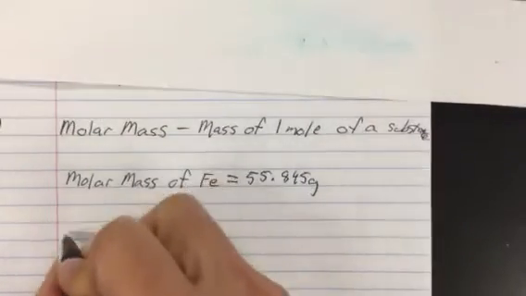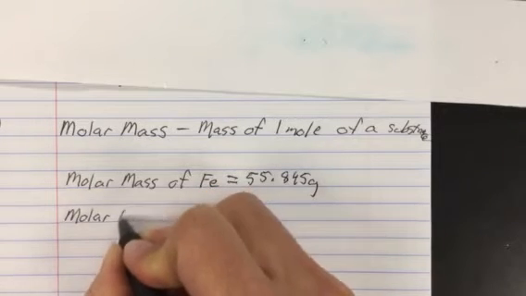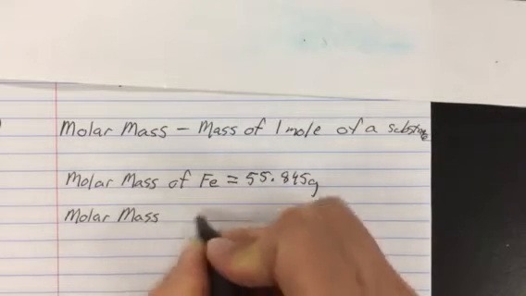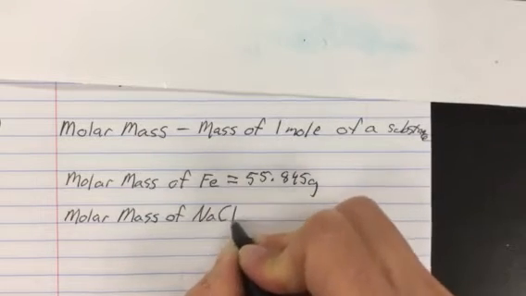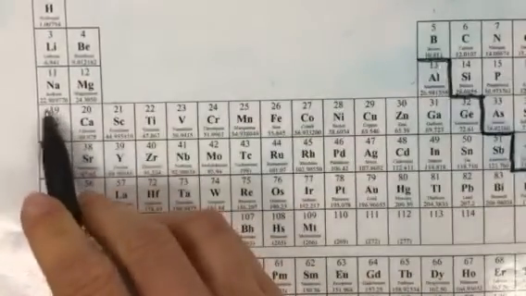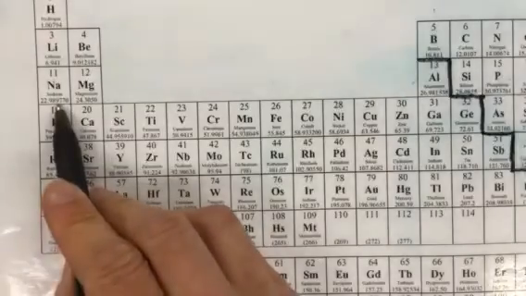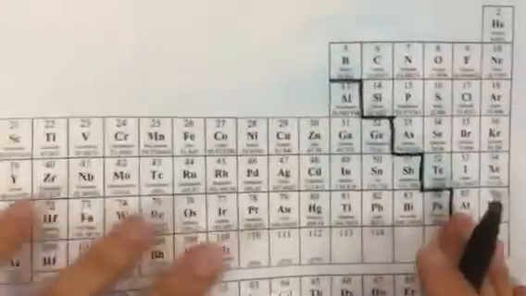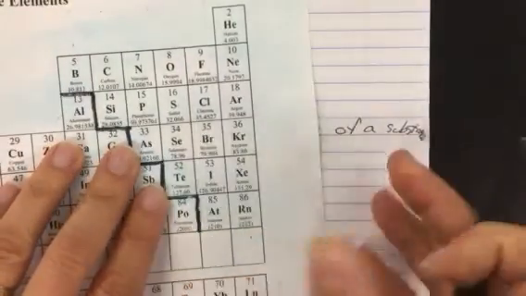Well, what if I wanted the molar mass of something a little bit more complicated? Let's say I want the molar mass of sodium chloride. Well, that has two substances in it. So what I do is I find the mass of sodium, which is 22.98, and chlorine over here, which has a mass of 35.4527.